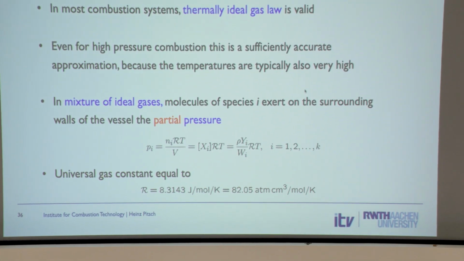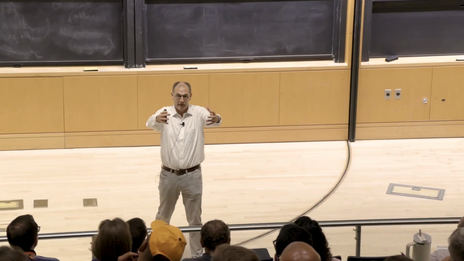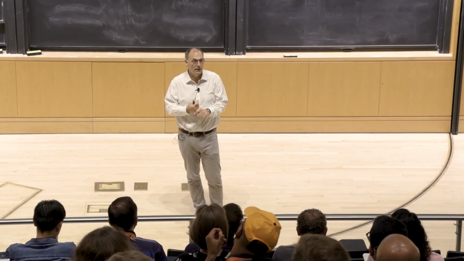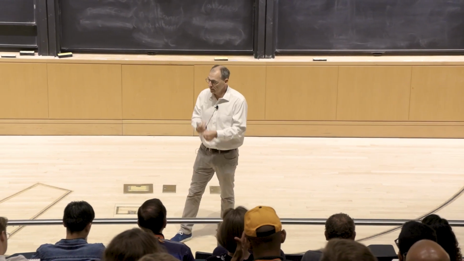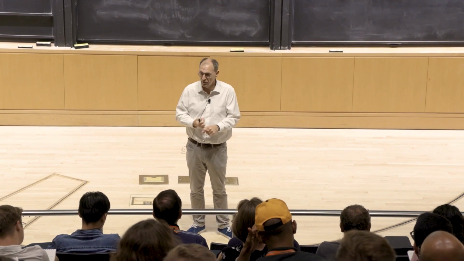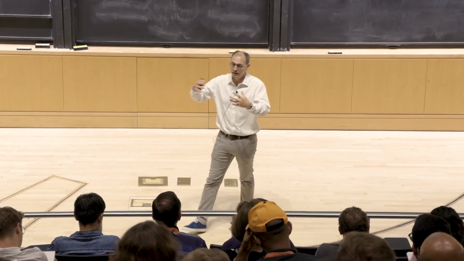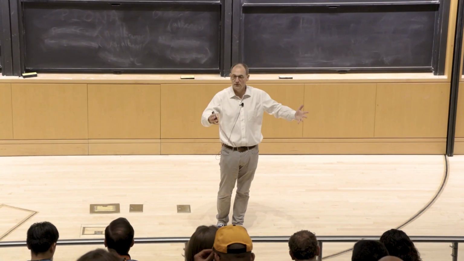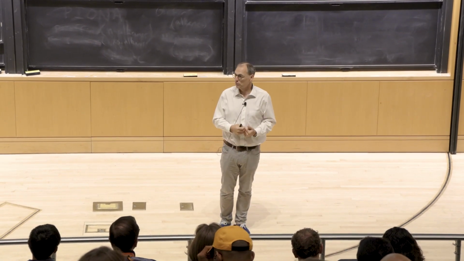And of course, everyone knows, air is 21% by mole oxygen, and 79% by mole nitrogen. Which means if I have only 21 out of 100 molecules, also the pressure is only 21%.